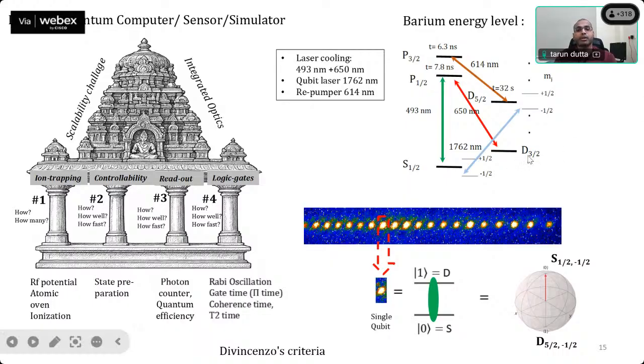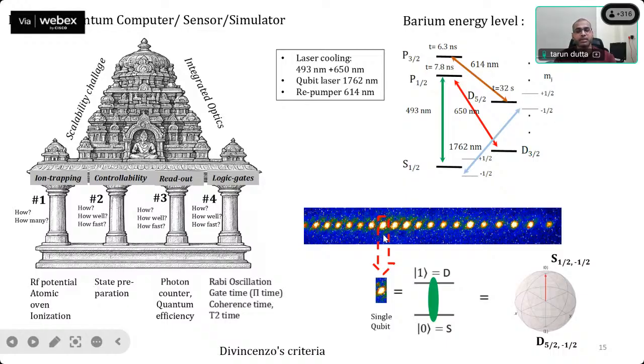From D3/2 to P1/2, it's also dipole, and we use a 650 laser. There are other lasers too: from S1/2 minus half to D5/2 minus half, that laser is a 1762 nanometer IR laser, used as the qubit laser, and this is a quadrupole transition.